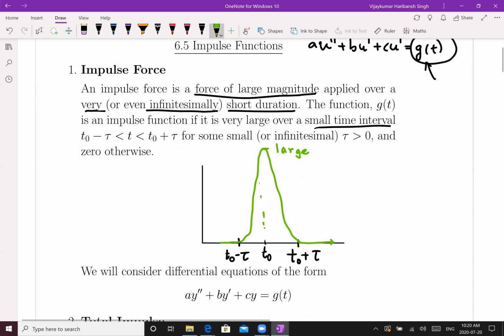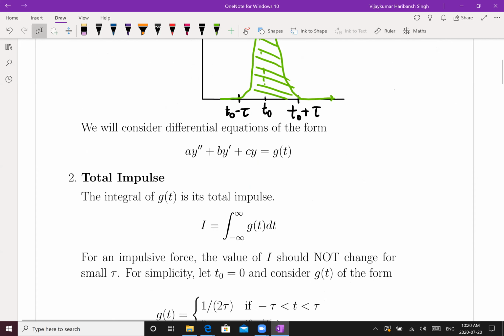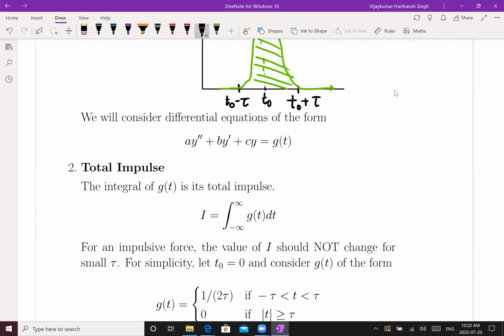Okay. So now let's look at the area under the curve. This is called the total impulse. Total impulse is basically the integral from minus infinity to infinity of g of t dt.